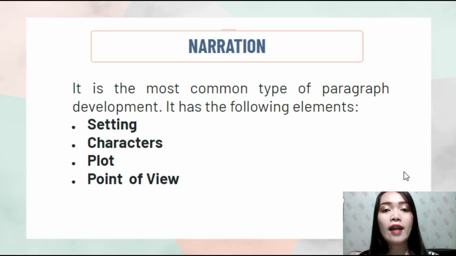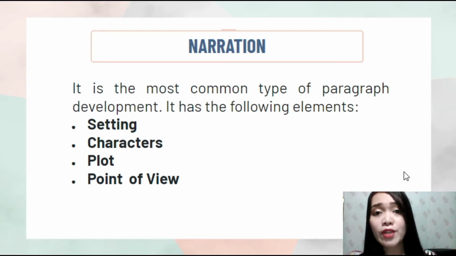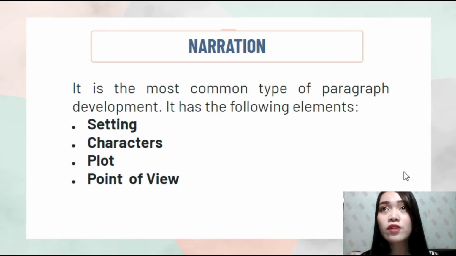Now, I didn't include any signal words for narration because there are a lot of ways on how you're going to tell a story or to narrate. You can actually use the different signal words that are present with the other text types. You can use them for narration.